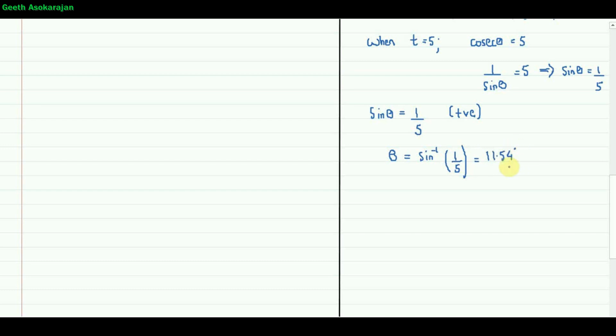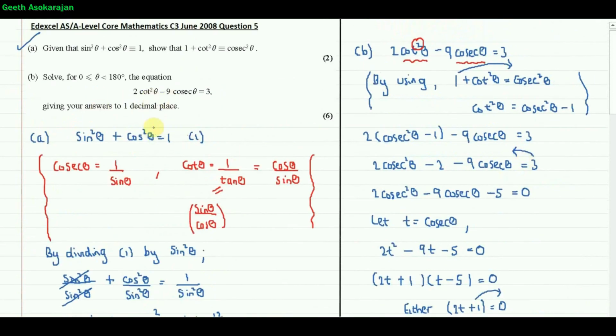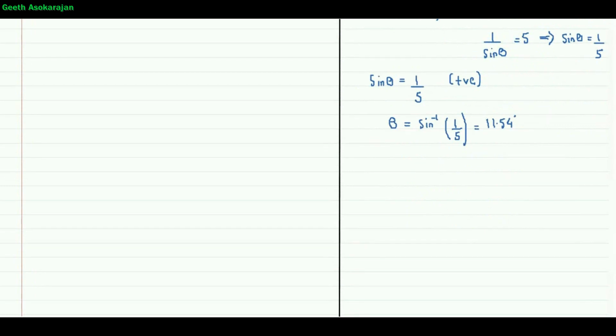So I'll round to 1 decimal place as instructed from the question right at the end. So we have 11.54 degrees. And as I said, let me use the CAST diagram to help me work out the other solutions.